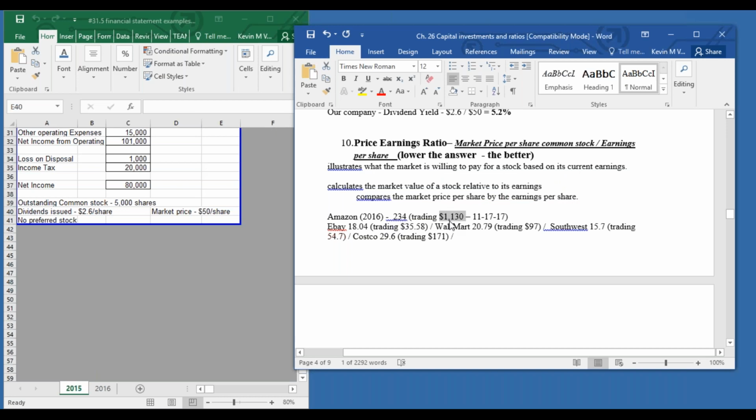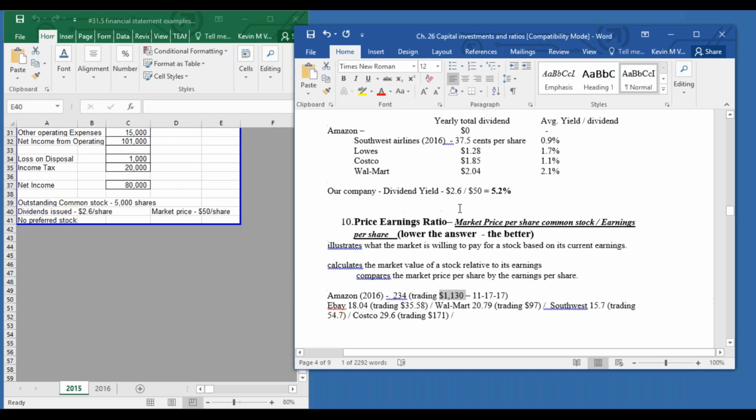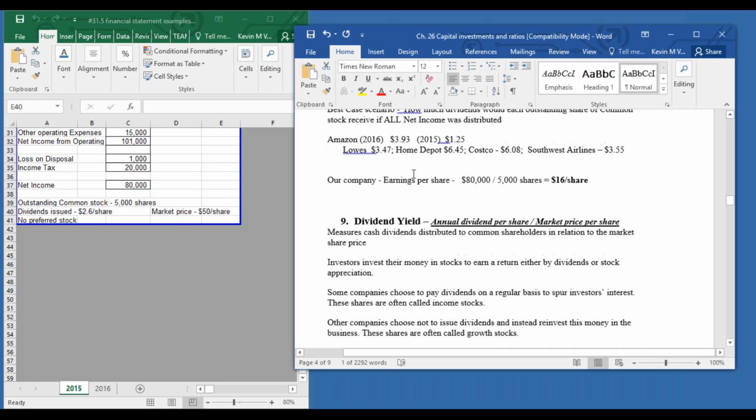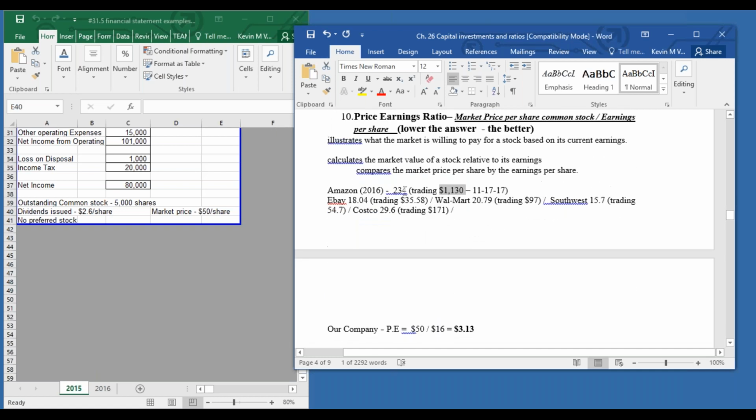They were trading currently at over $1,100 per share, and then dividing that by their best case scenario was $3.93. But again, they don't pay out anything. But still, best case scenario. That's why that number is so high. Looking at their market price, 1130, divided by that earnings per share.